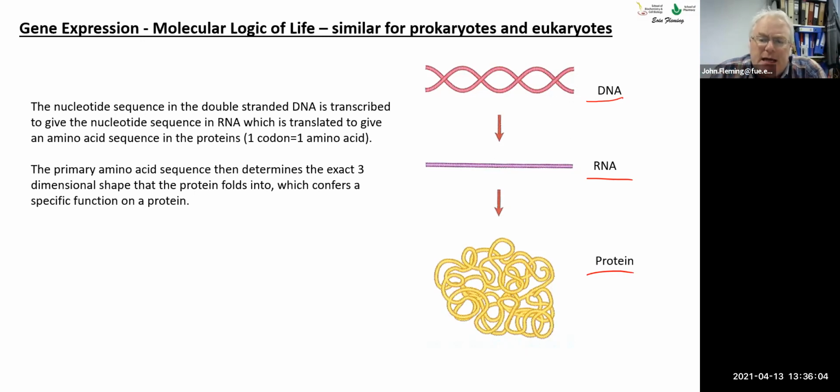In all cases, that amino acid sequence, and the protein function derived from it, is reflected by a nucleotide sequence. So there's a clear link between nucleotide sequence in DNA and amino acid sequence, which then gives rise to a specific function linked to a protein.